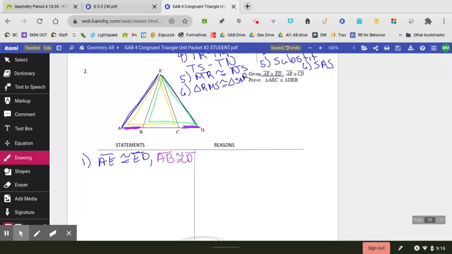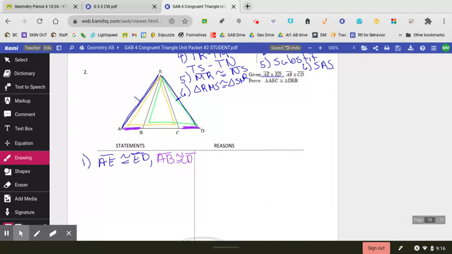All right. So when I look at this triangle, the first thing I notice is that in triangle AED, I have two sides that are congruent. That means the angles opposite those two sides are congruent. So angle A is congruent to angle D, which happen to be angles in my triangles.